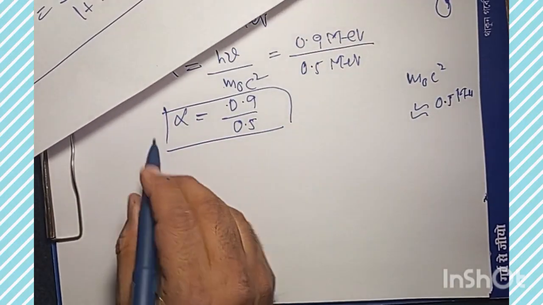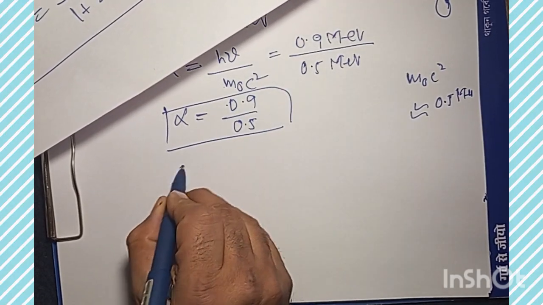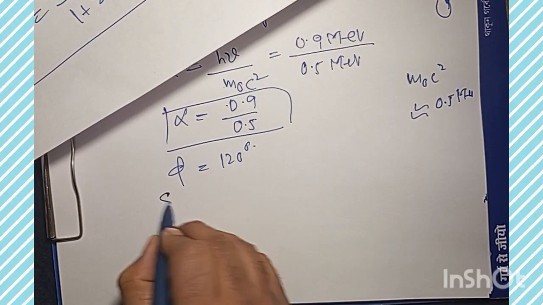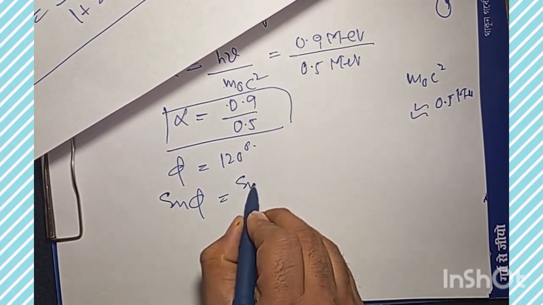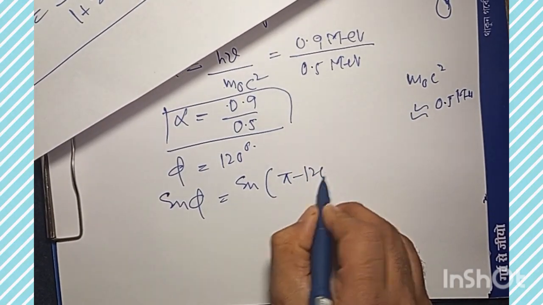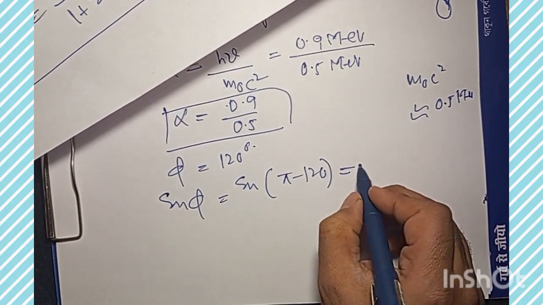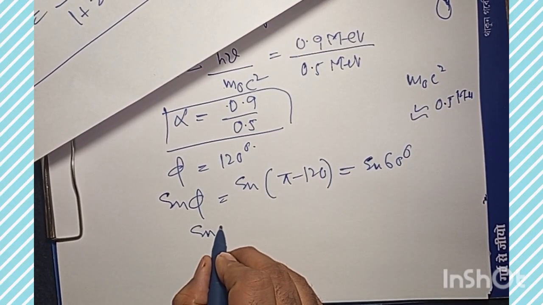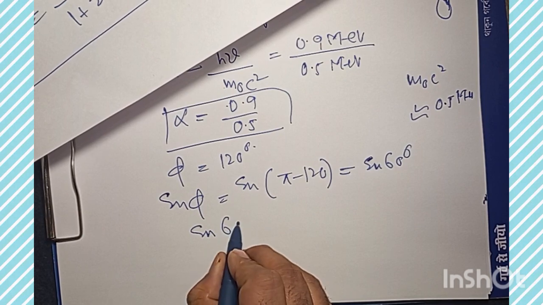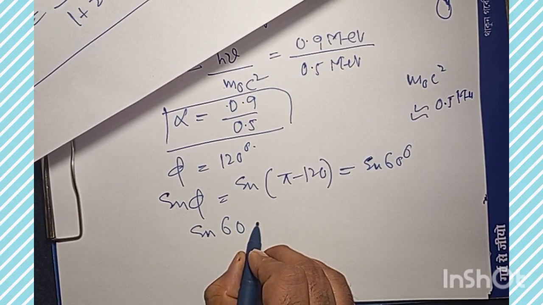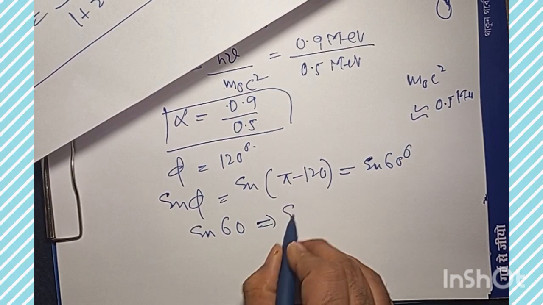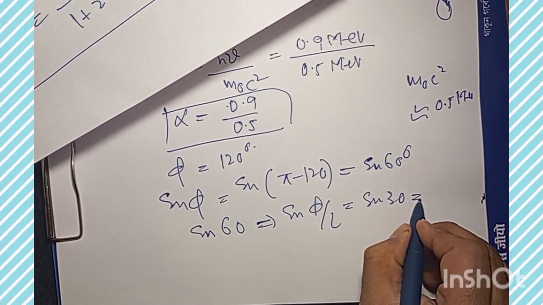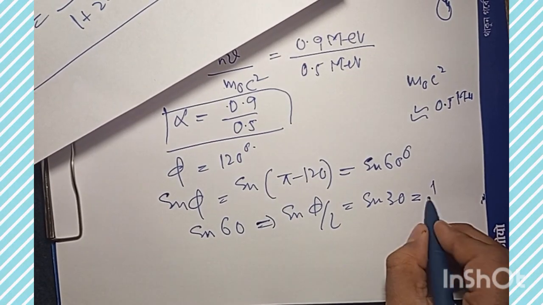In our case, phi is given as 120 degrees, so phi by 2 is 60 degrees, and sine of 60 degrees... sorry, sine of phi by 2 is sine of 30, which is equal to 1 by 2.